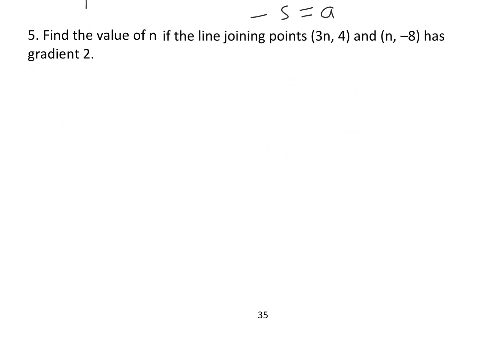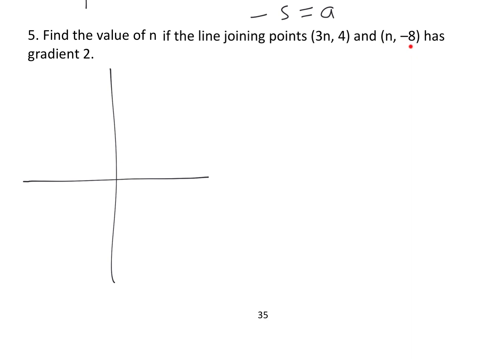Question 5. Find the value of n if the line joining points (3n, 4) and (n, -8) has gradient 2. Now, if we're plotting this one, it's even harder again because we don't know what those 2 points are. The gradient's 2, so it should be going uphill.